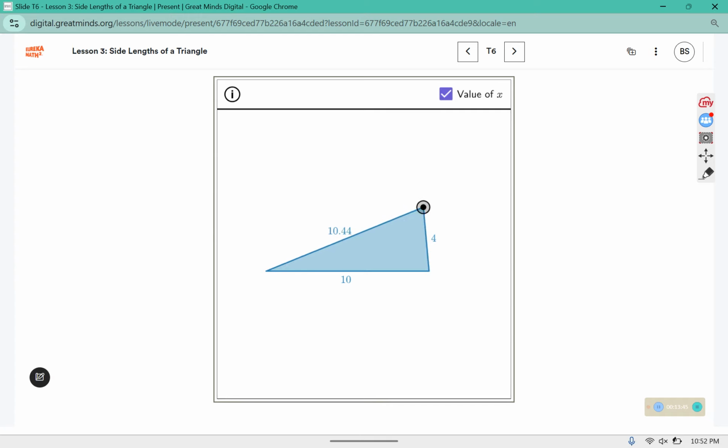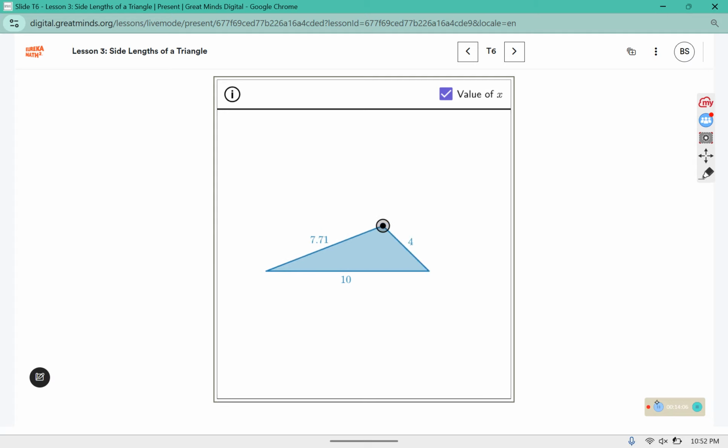So let's show some possible values for x. 10 plus 4 is 14, which is greater than 13.96 or 13.99. But as soon as we get to 14, it makes a straight line, not a triangle.